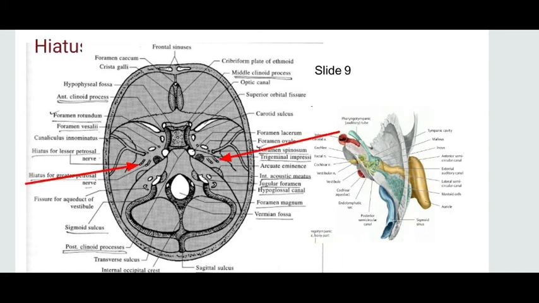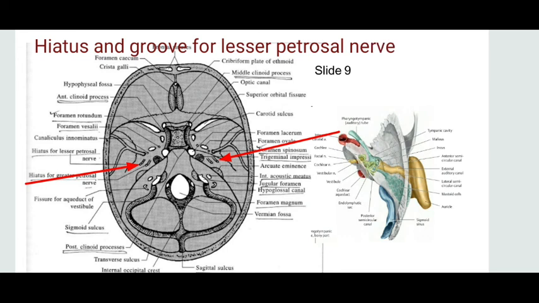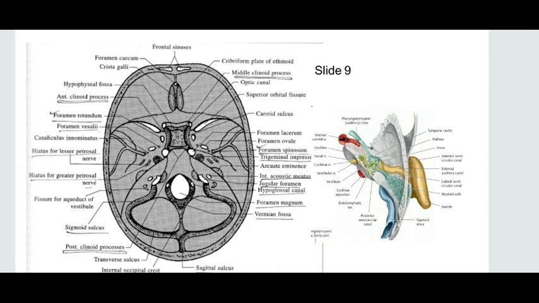Next, the hiatus and groove for the lesser petrosal nerve. It lies lateral to the hiatus for the greater petrosal nerve. They lead to the foramen ovale or to canaliculus innominatus to relay to the otic ganglion.